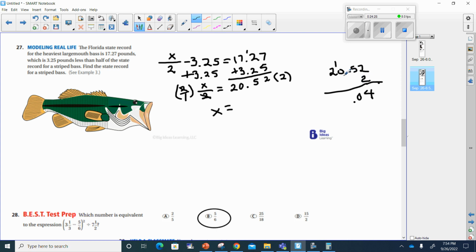That's going to give me 0 plus 1 is 1. And 2 times 2 is 4. So I'm thinking it's 41.04. We're talking about pounds, so I would say, oh, I almost put PD. Pounds is actually LBS. All right, so 41.04. Next is going to be number 28.